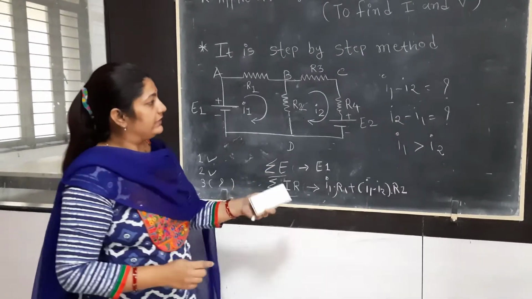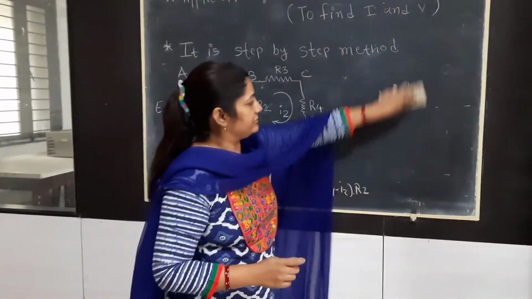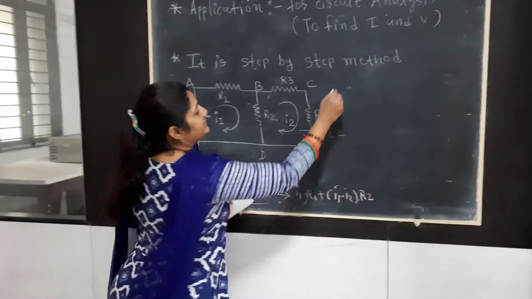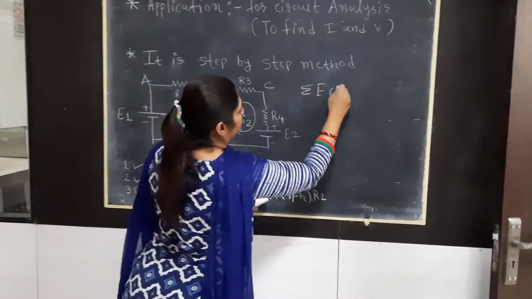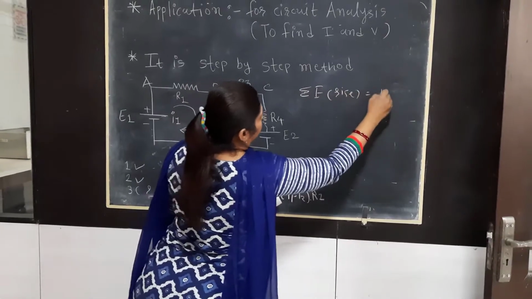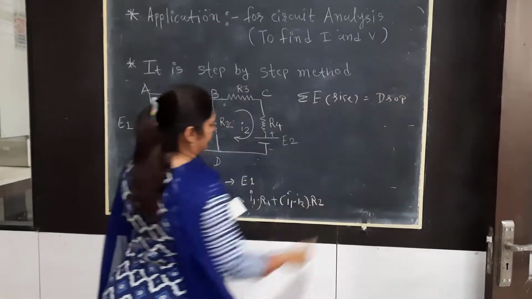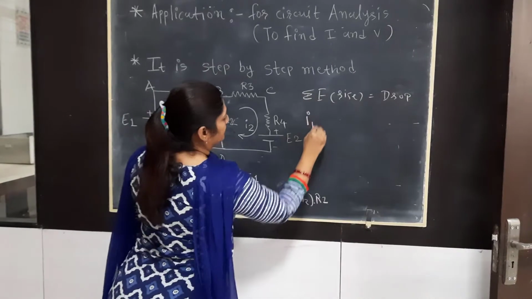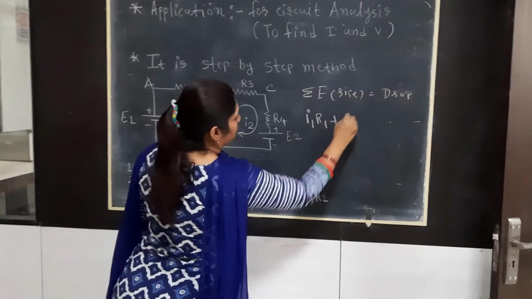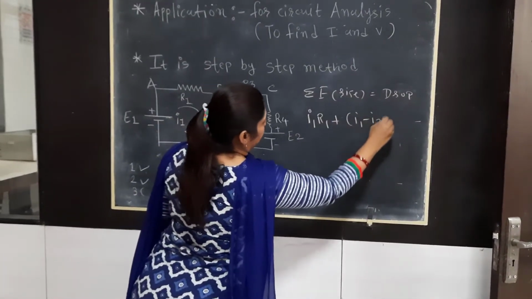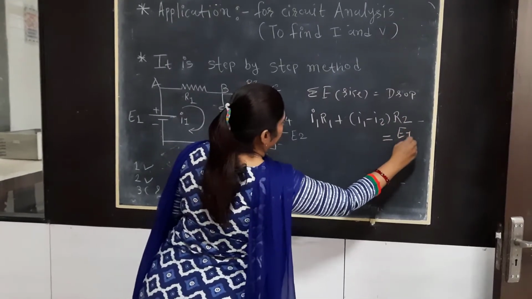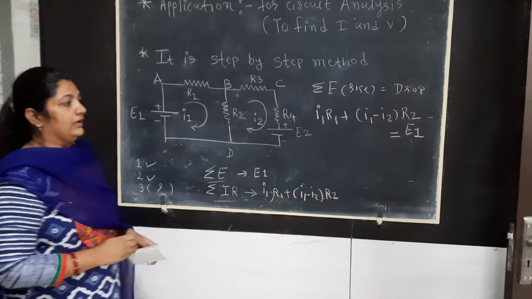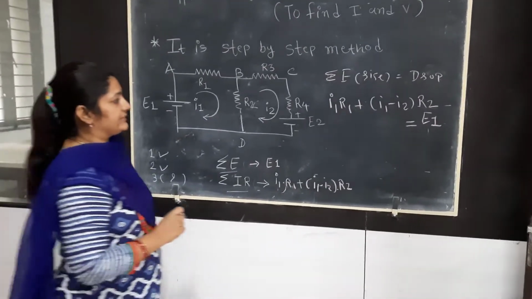It's time to form the equation. As per the rule, the drop terms should be equal to the rise terms. We can write I1 R1 plus (I1 minus I2) R2 equal to E1. Again, some reformation is required.